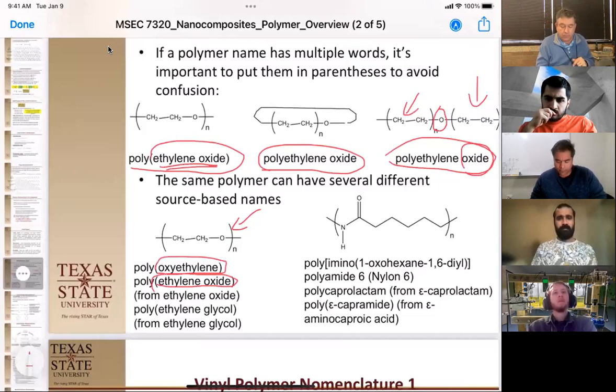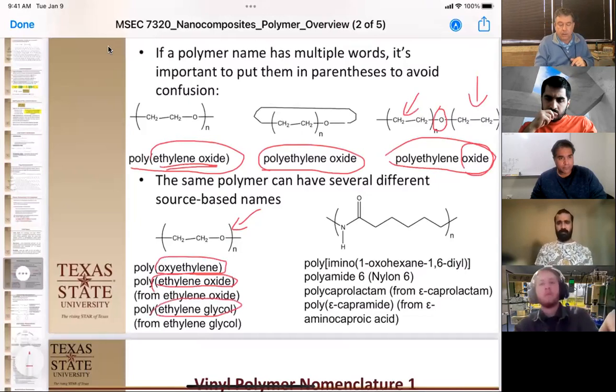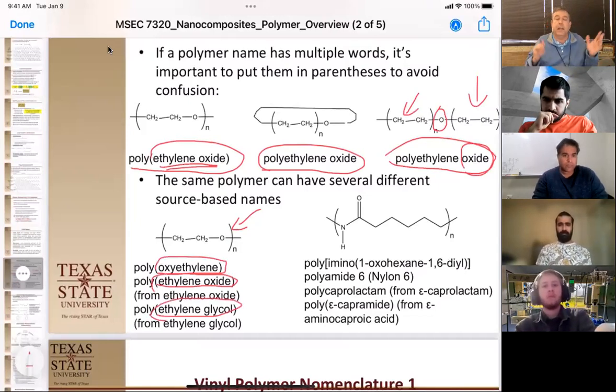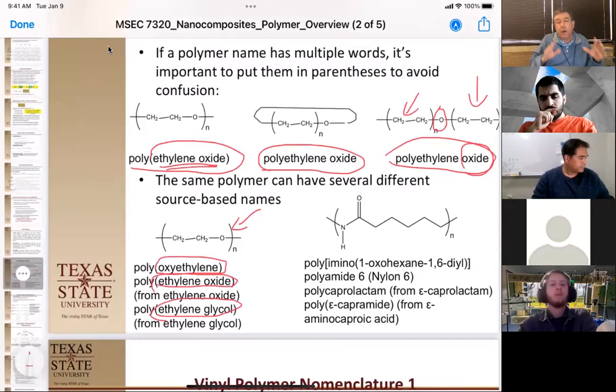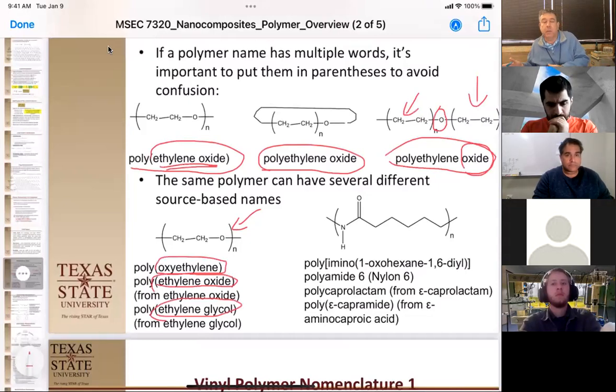Or you can go from ethylene glycol right here. So you're making it from an ethylene with two alcohols on it, but then you're polymerizing it with something else. So they can all be the same polymer. They're just made by different companies from different starting materials. And so we have to be careful when we're looking at these things.